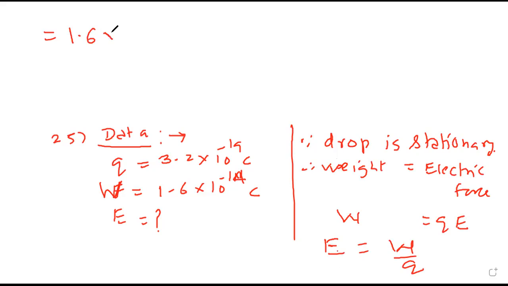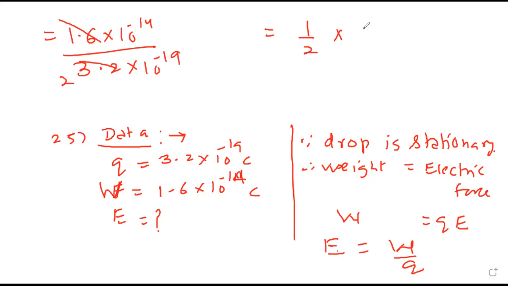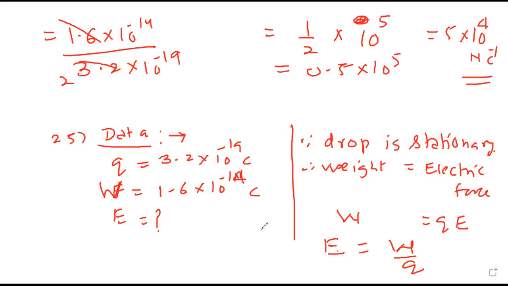Weight is 1.6 into 10 raised to minus 14 and charge is 3.2 into 10 raised to minus 19. 16 into 2 is 32. So we get 1 upon 2 into 10 raised to plus 5. That is 0.5 into 10 raised to plus 5. So 5 into 10 raised to 4 Newton per coulomb is the electric field.